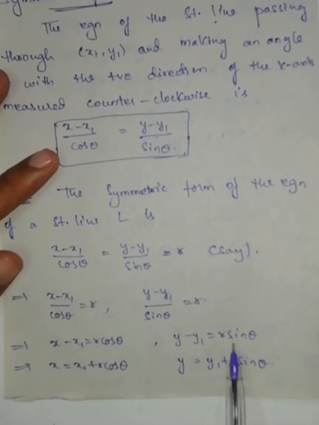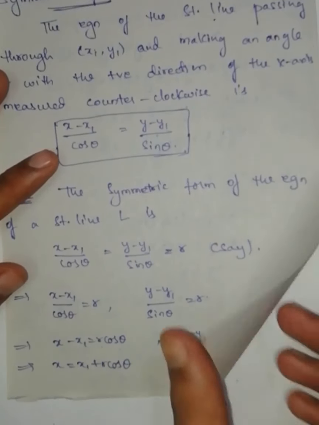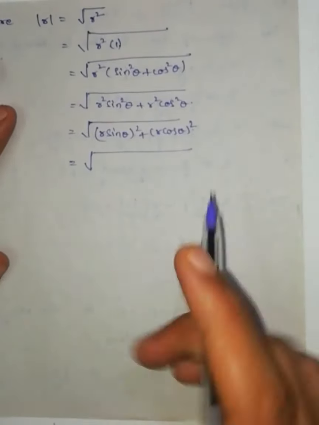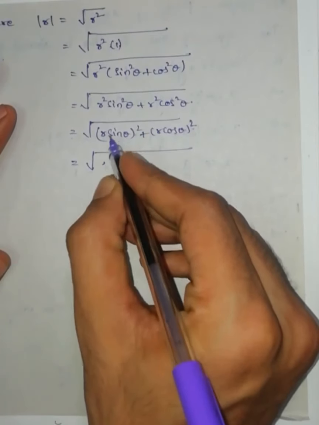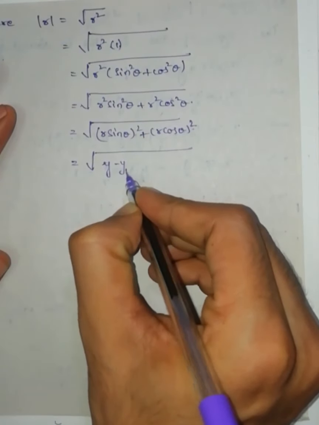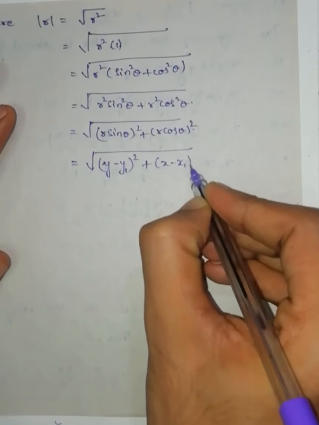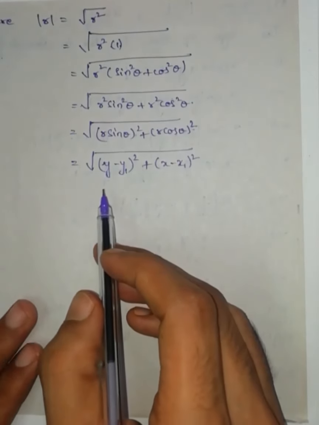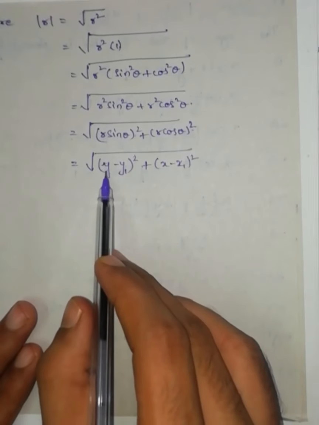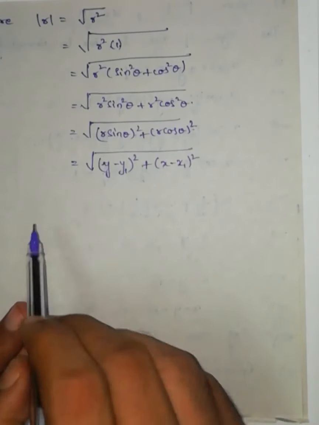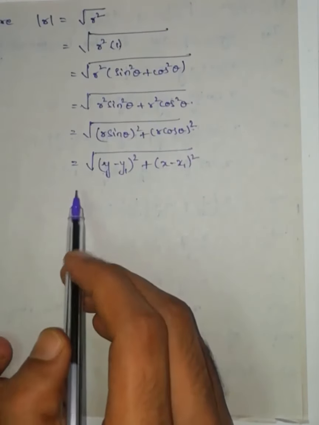Under root r sin theta, from here we will get r sin theta is y minus y1 and r cos theta is x minus x1. So here I am going to write this one is y minus y1 whole square plus x minus x1 whole square. This is nothing but the distance between the point x comma y and x1 comma y1, that is modulus of r.